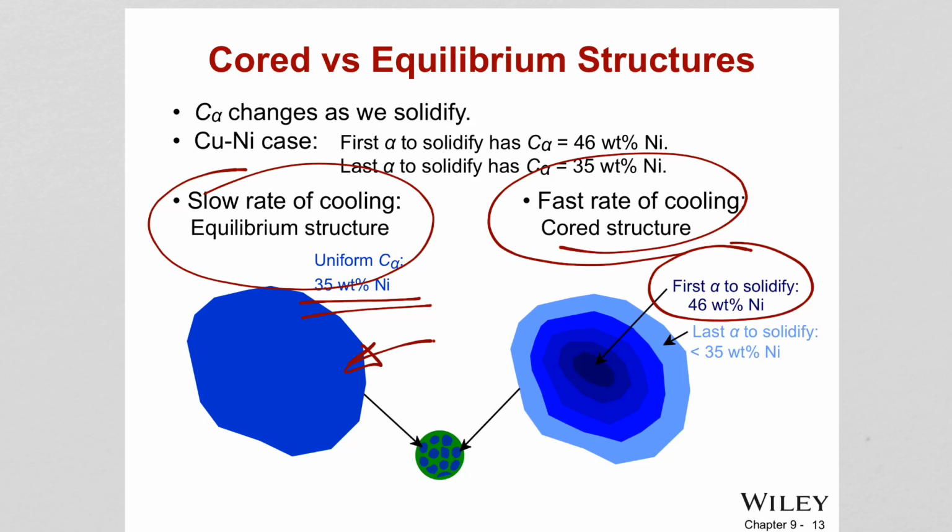You will have different layers of the same alloy, but the composition is different throughout the structure. So the last part that solidifies should have 35%, but there's going to be a range of compositions in the structure. It's not going to be a homogeneous structure because you don't give enough time for atoms to move to their equilibrium positions.